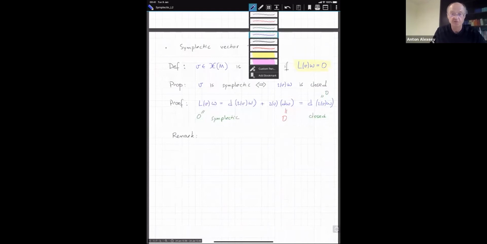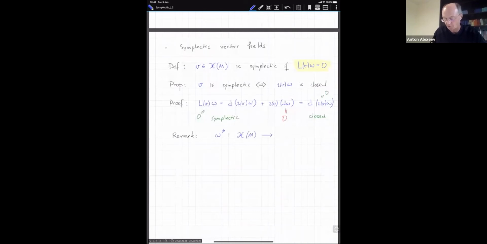In fact, we know all of them. We have omega flat, which maps vector fields to one forms, and we know that locally this is an isomorphism.